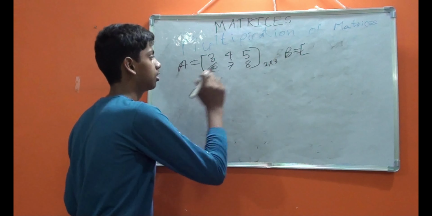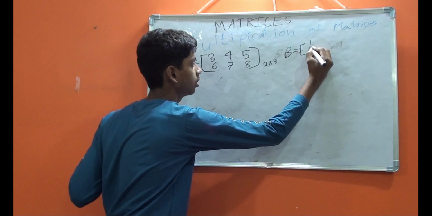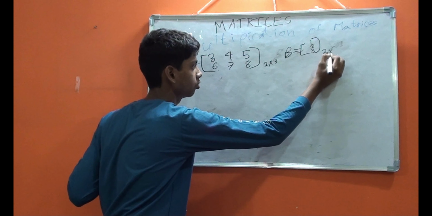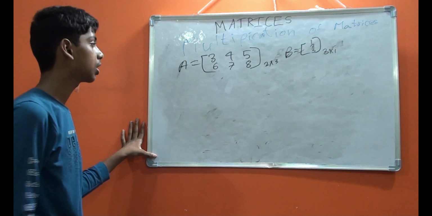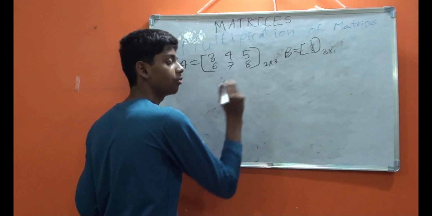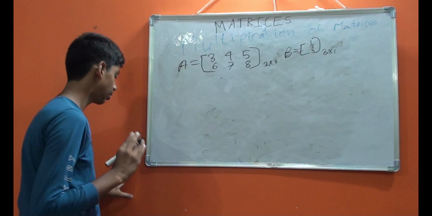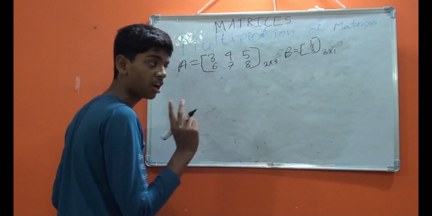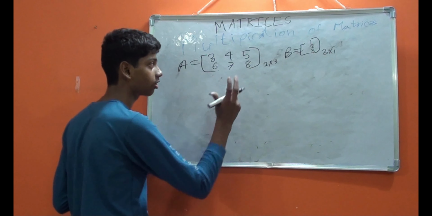Now let's take this one as 1, 2 and 3. So its order is 3 into 1. So you can multiply these matrices, because before we learned how to multiply the matrices with the same order. Now let's learn how to multiply the matrices with different orders.